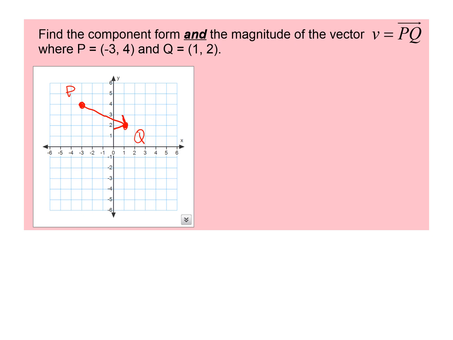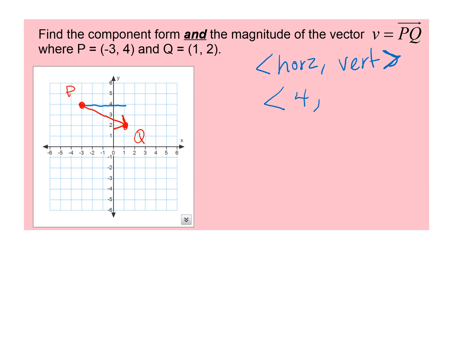We talked about the component form being the horizontal and vertical components. So as we start to work through this, we need to figure out, how do I get from point P to point Q? And since we said that in that component form, it is horizontal, comma, vertical inside of our alligator brackets, if we think about how do we get from P to Q? Well, horizontally, I'm going to go to the right, and if we count that, that's 1, 2, 3, 4 units. And to the right is positive, so that would be 4.